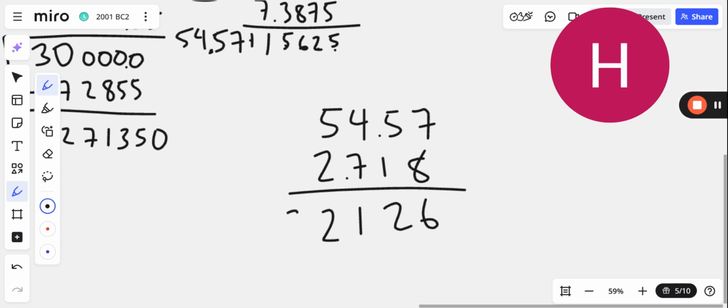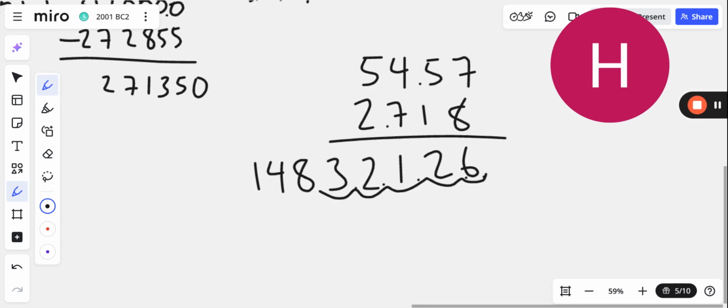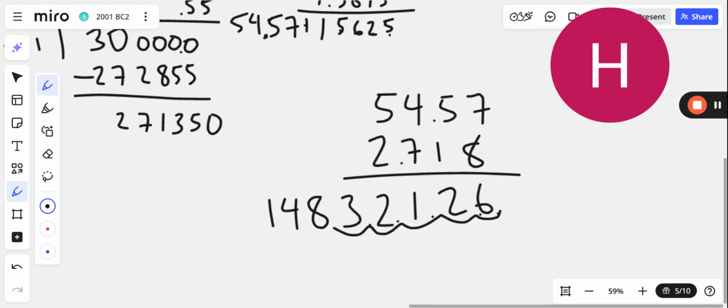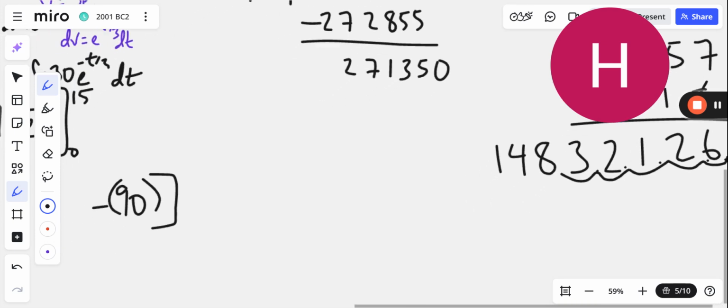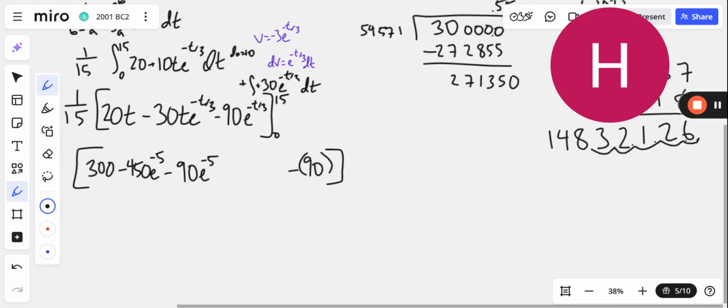That's going to make 53. Then we have 48. And then lastly, we have 14. So let's see, 5 decimal places. 1, 2, 3, 4, 5. Okay, there we go. 148.32. That is approximately e to the 5th.